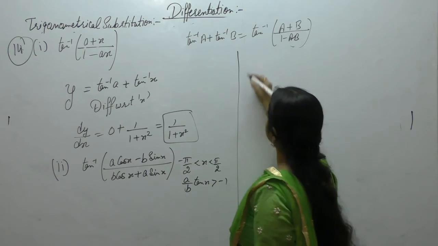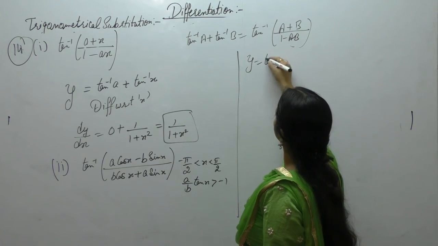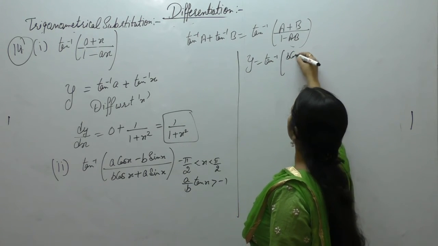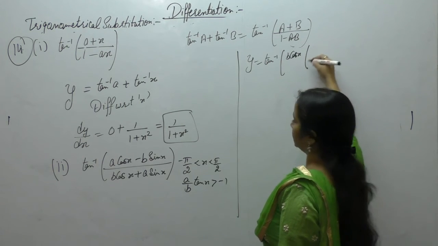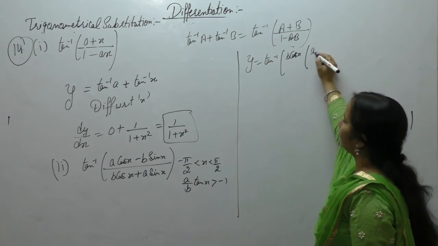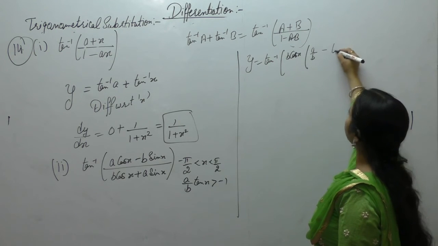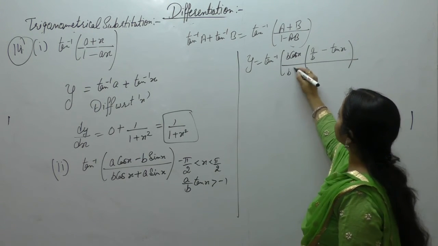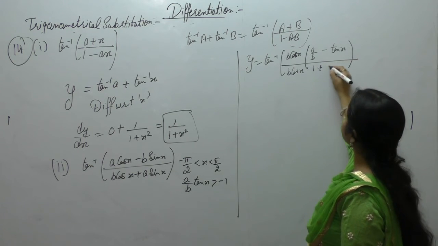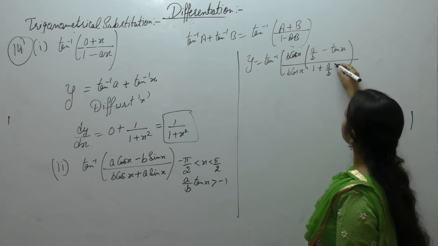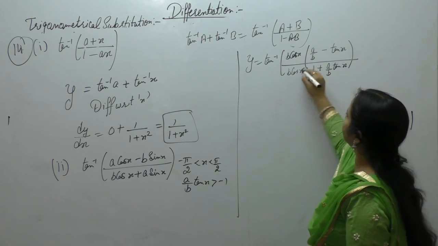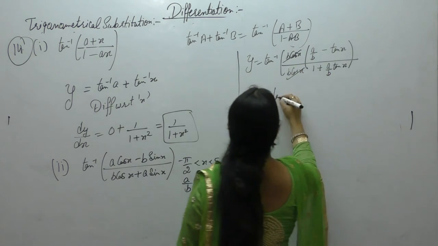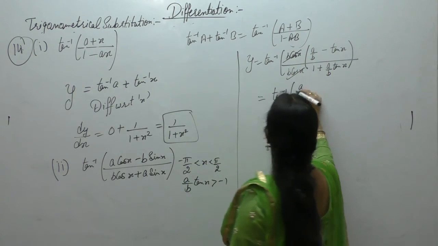So we can write this as, take b cos x common. So what we get? A upon b. B is common, cos is common. B cos x is common. So 1 plus a upon b, sin upon cos is tan. This will get cancelled. So we are left with tan inverse.